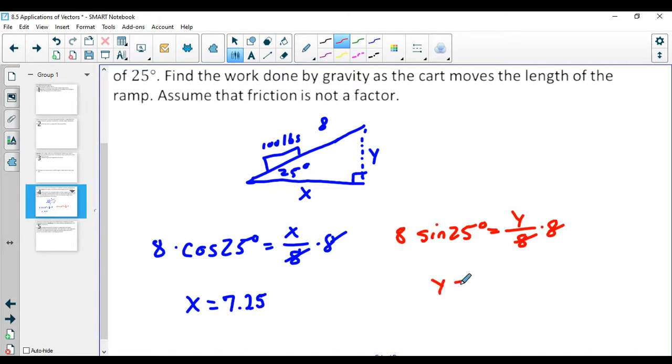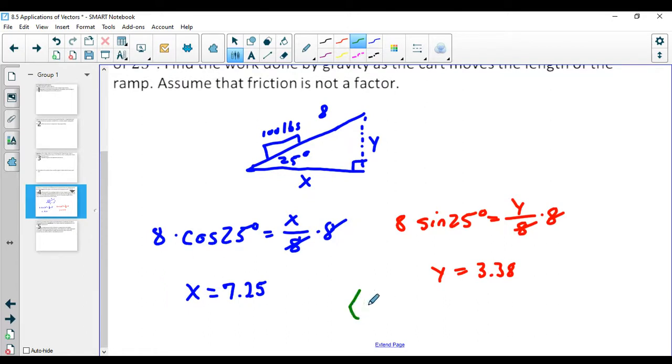And we get Y equals 8 times the sine of 25, 3.38. So my vector is 7.25, 3.38.